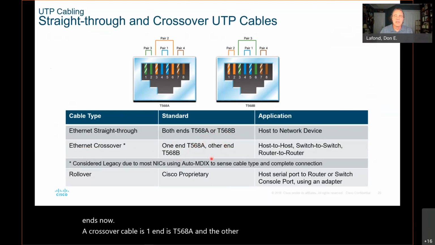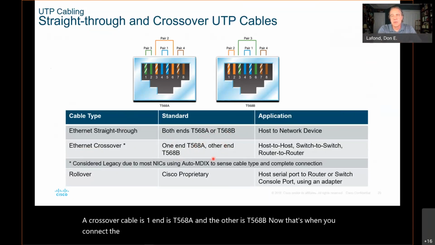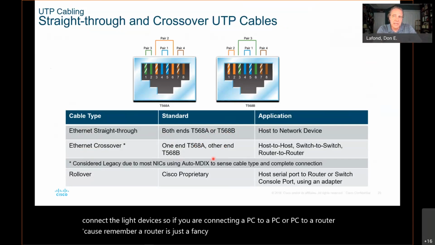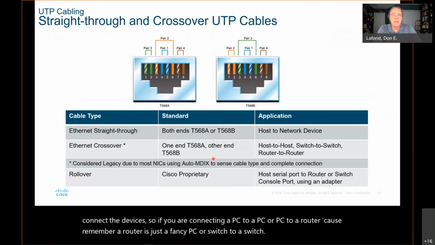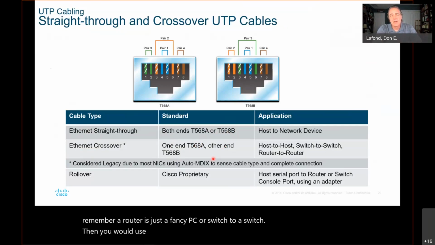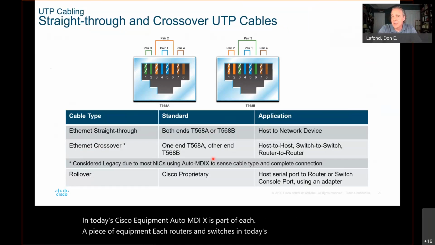Now that's when you connect like devices. So if you are connecting a PC to a PC or a PC to a router, because remember, a router is just a fancy PC, or a switch to a switch, then you would use a crossover. Now, in today's Cisco equipment, auto MDIX is part of each piece of equipment, each router and switch in today's networking, but it can be turned off.